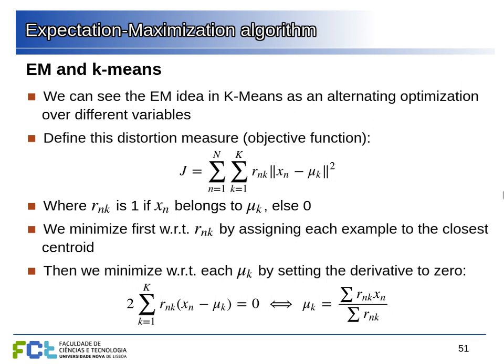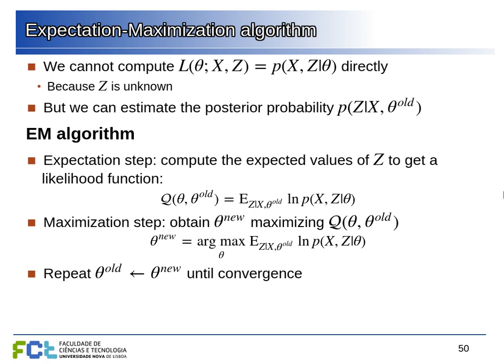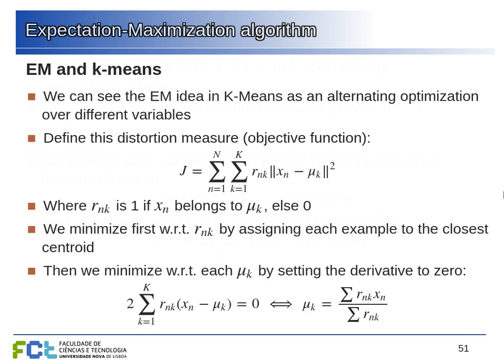So if we choose the centroid that is closer to each point, we minimize this function with respect to R. In fact, this is similar to the expectation stage, where we are creating a function here to optimize by setting the hidden variables, the assignment of each point to each cluster, in the way that would be expected if the centroids are in those positions. So now that we know which point belongs to each cluster, we can minimize this with respect to the position of the centroid. So we have the derivative of this.